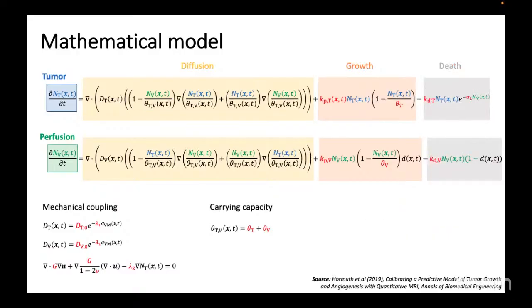And we have finally death terms. Cells die when they don't have enough oxygen or when there is not enough vasculature, and vasculature dies or disappears, preferably in the center of the tumor.